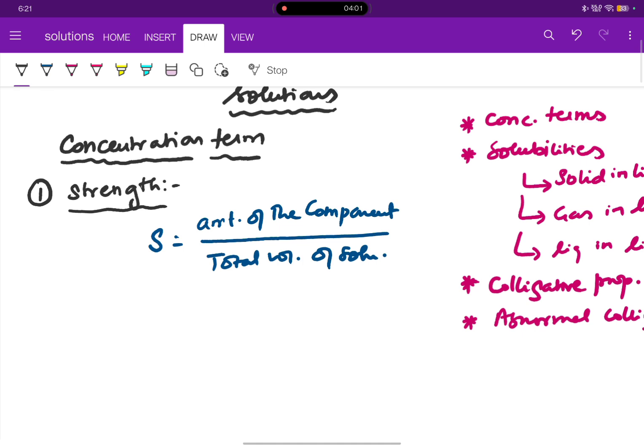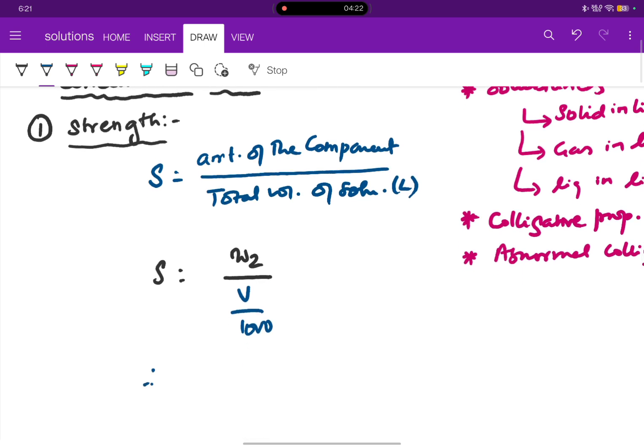So you can write S is equal to the amount of component, which always means the solute, W2, by volume of solution, very important, in liters. So V by 1000. If you rearrange the equation, you will get strength is equal to W2 into 1000 by V. W2 is given in grams, V will be in ml.